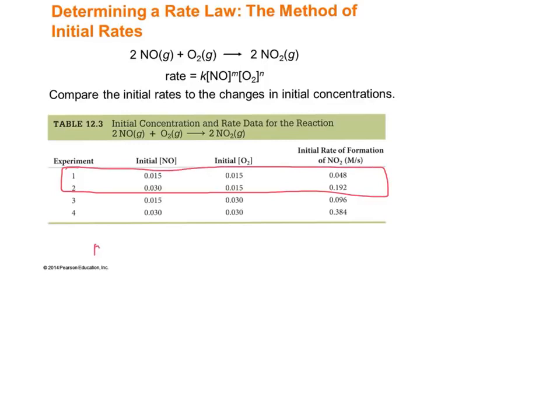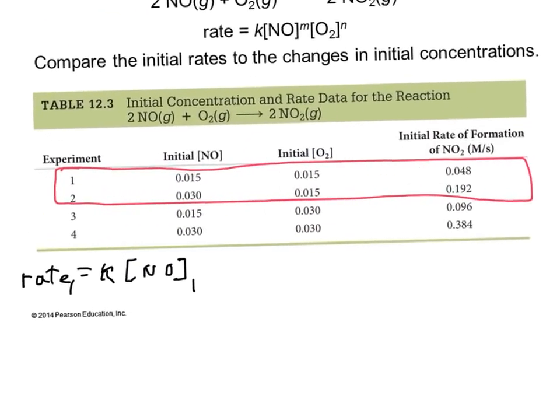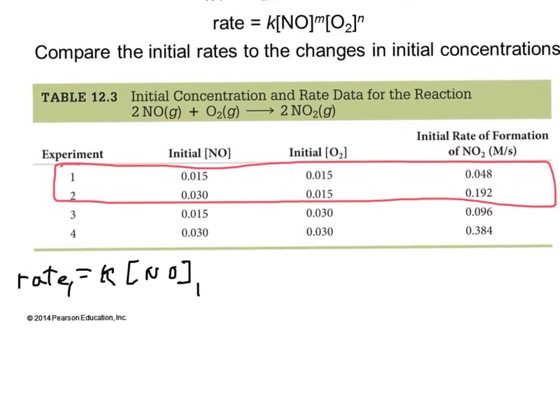In experiment 1, and I need to start over here if I'm going to get more room. In our experiment here, the rate of experiment 1 is equal to a constant times the concentration of nitrogen monoxide to the m power times the concentration of oxygen in experiment 1 to the n power.